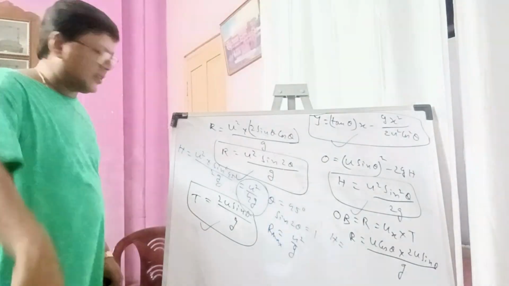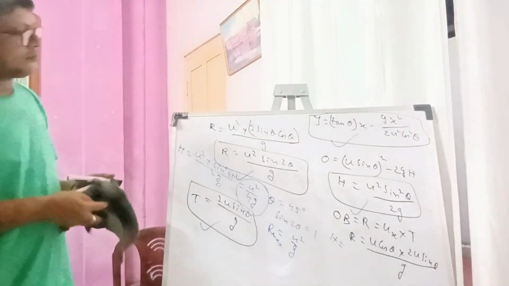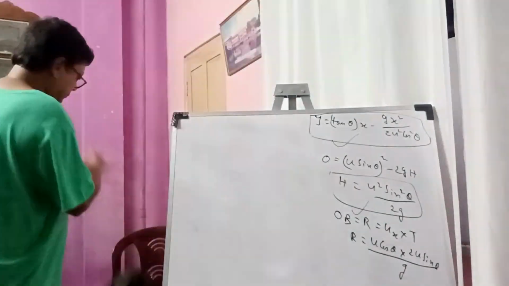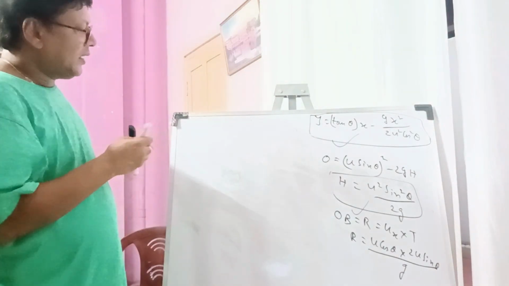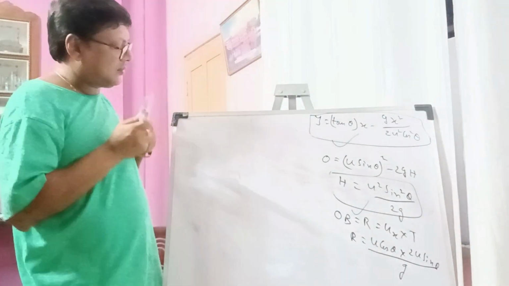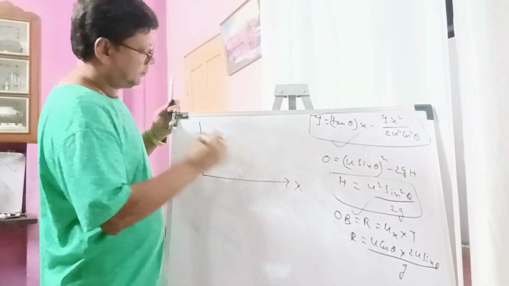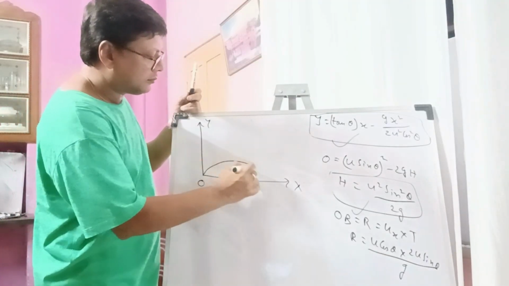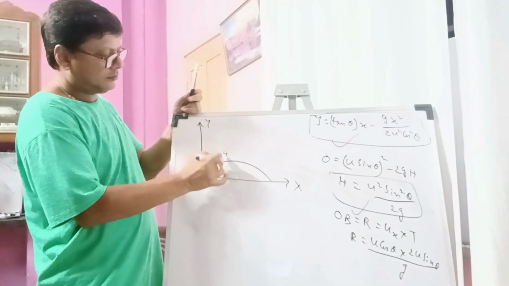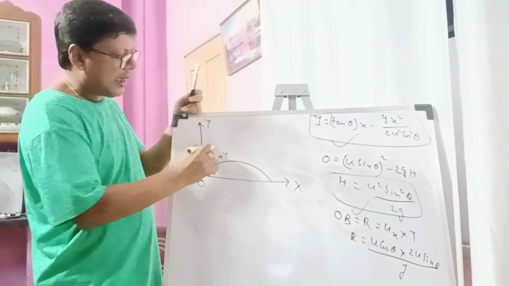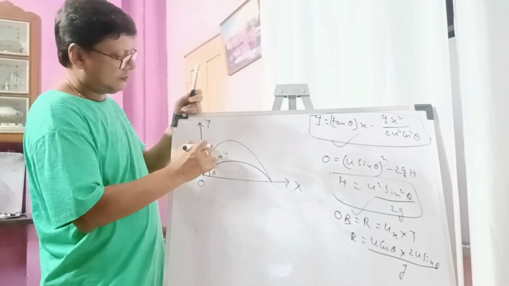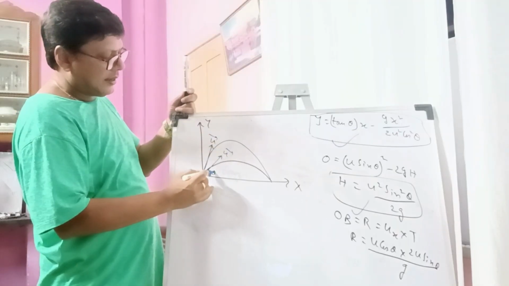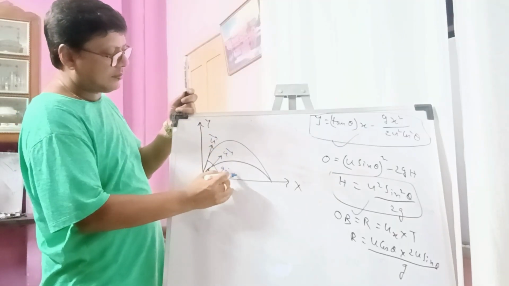One most important topic I am discussing here. If two projectiles are projected from the point of projection at angle theta and at angle 90 degrees minus theta, this angle is theta, this angle is 90 degrees minus theta.